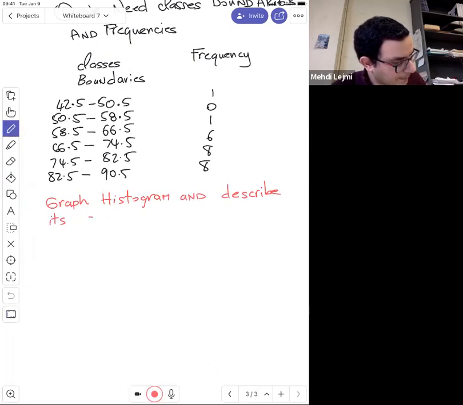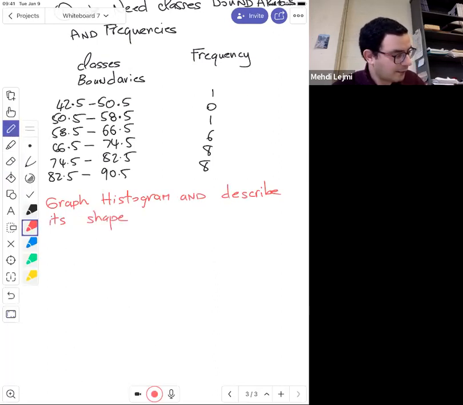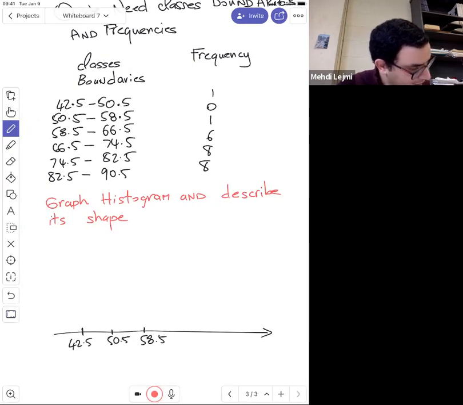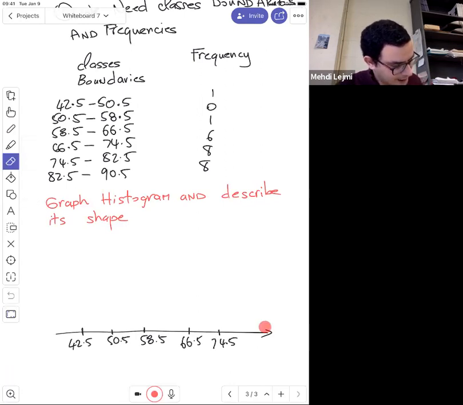For the histogram, you have your horizontal axis with your class boundaries: 42.5, 50.5, 58.5, 66.5, 74.5, and I'm going to need more space here, 82.5 and then 90.5, right?